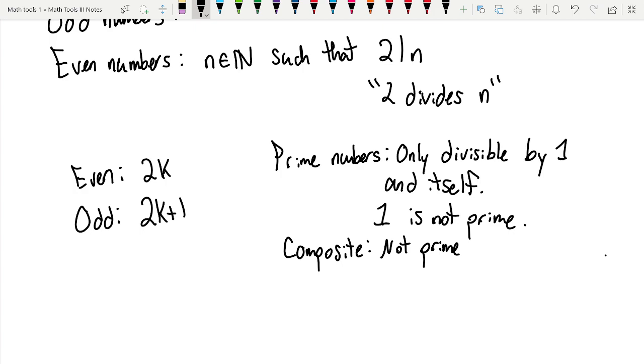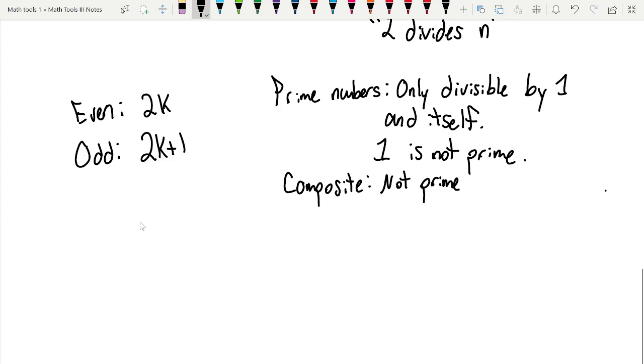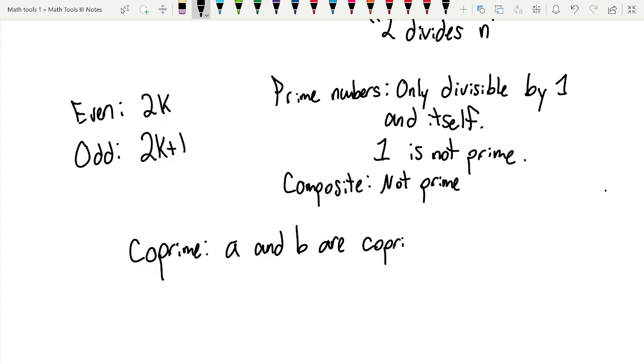Another thing that comes up somewhat often is the definition of coprime. We say two numbers a and b are coprime if they have no common factors.